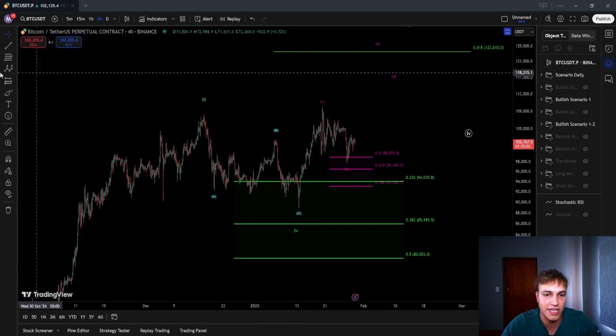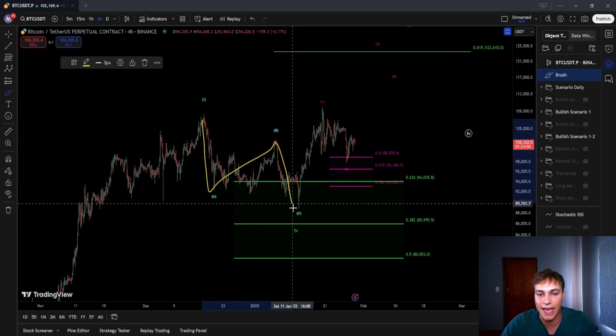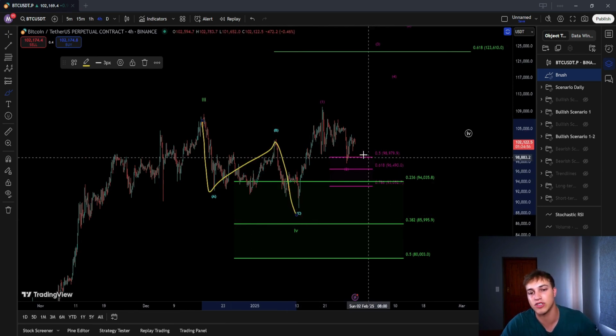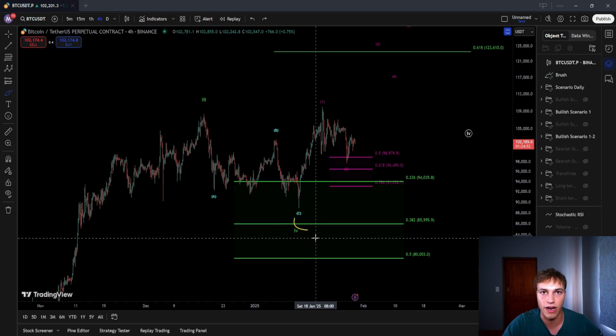So if we look here, we can see here that this is an A, B, and a wave C. Very possible that this correction in wave 4 is now over.